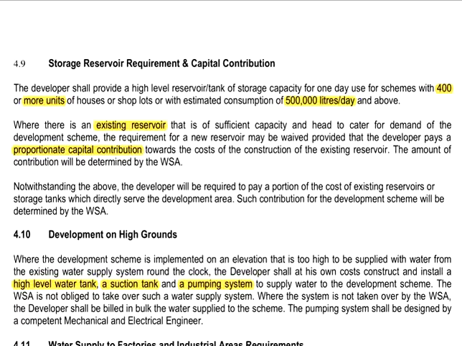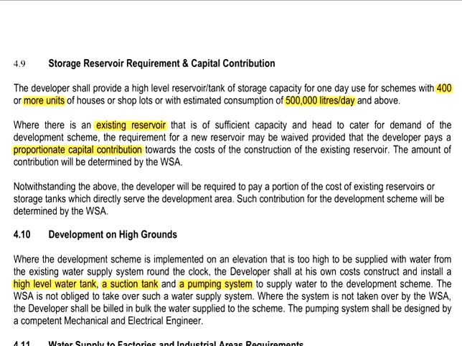The capacity of the reservoir shall be for 1 day usage of the development area. Normally, this reservoir is a high-level reservoir, contributing the head so that the water reticulation system has sufficient pressure in large development areas.